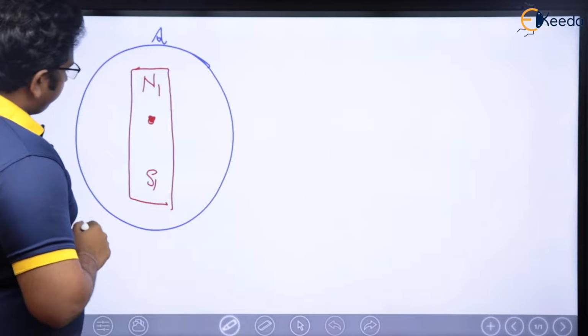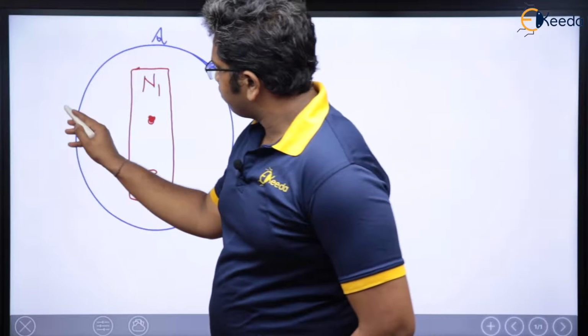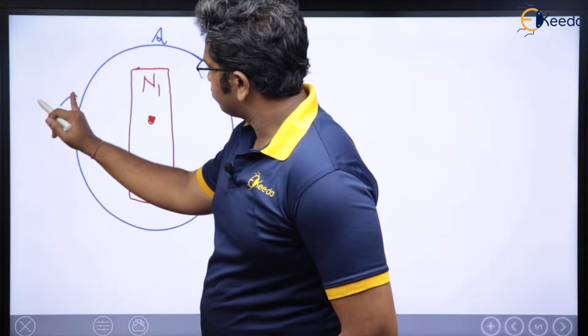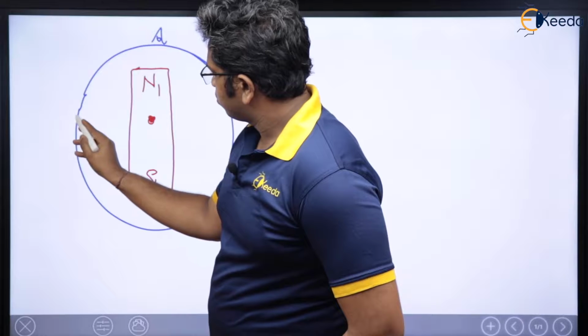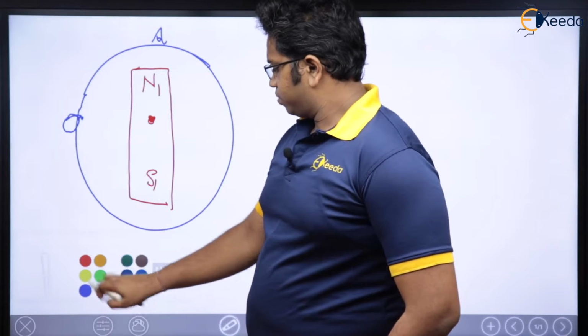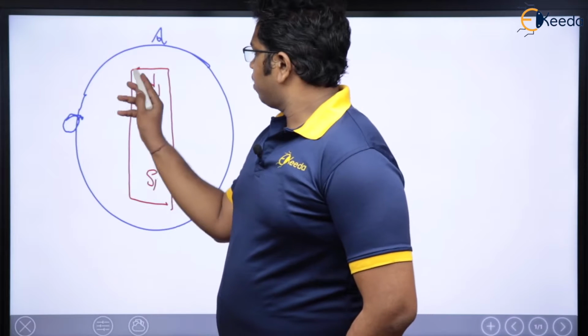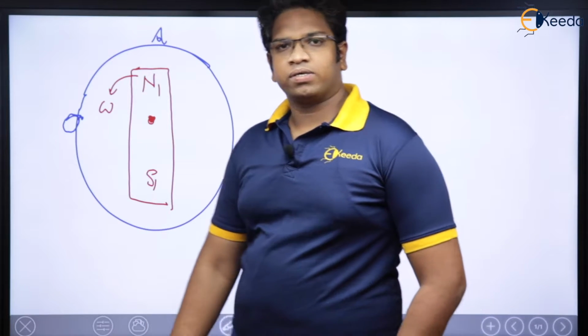Now see here. For example, if I have a stator conductor here, let us say, right? And now I am rotating this rotor with a speed of omega in this anti-clockwise direction.